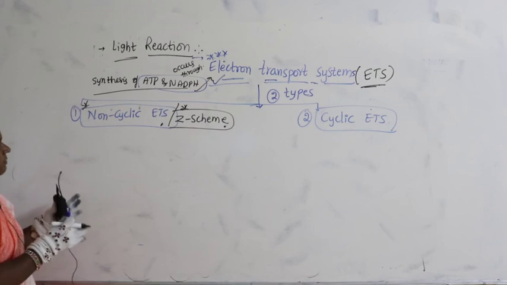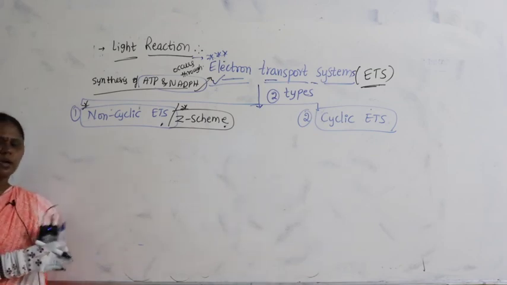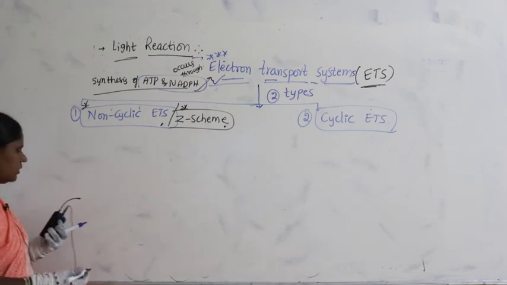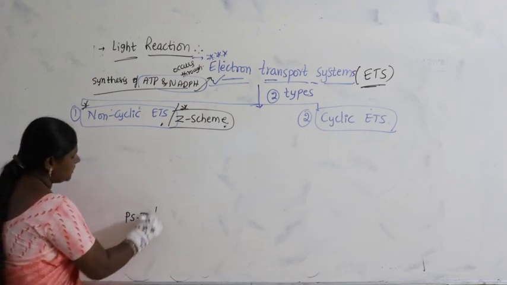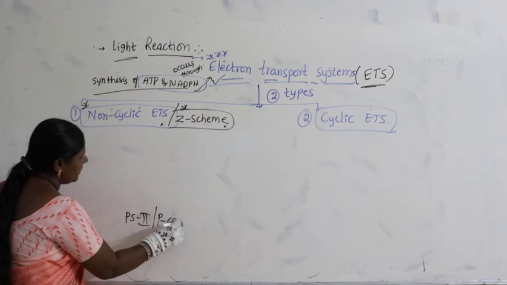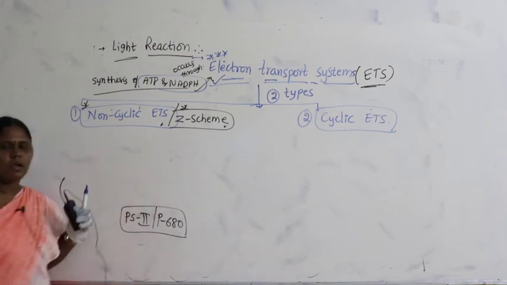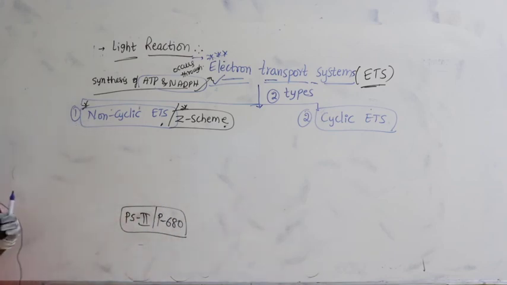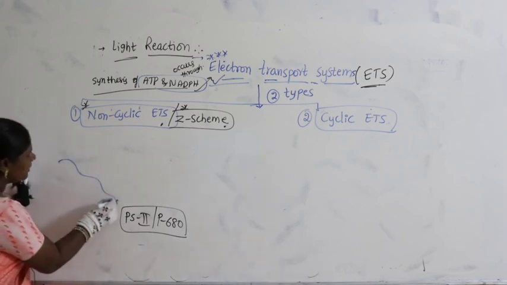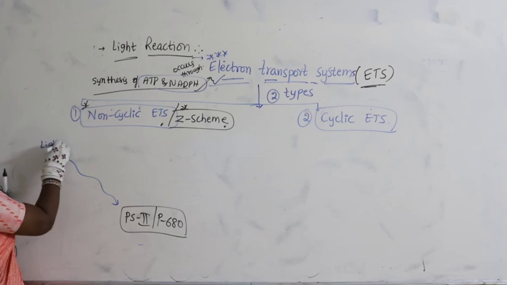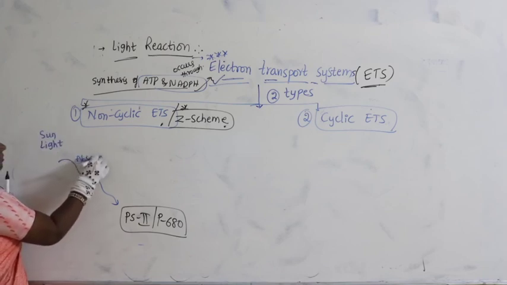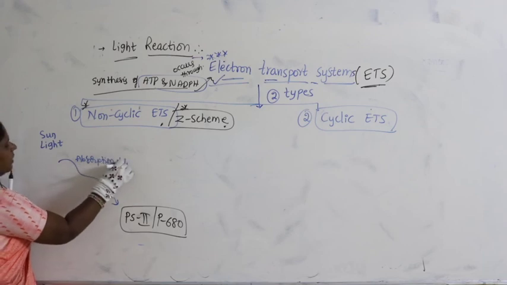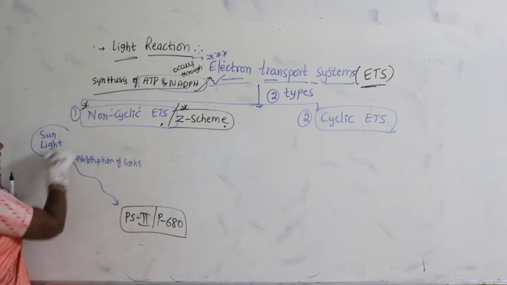Now let us see a general diagram; later we will go through it in detail. Initially what I can see is PS2. PS2 reaction center is called P680. The light is falling onto this, so there is absorption of sunlight up to 680 nanometers.